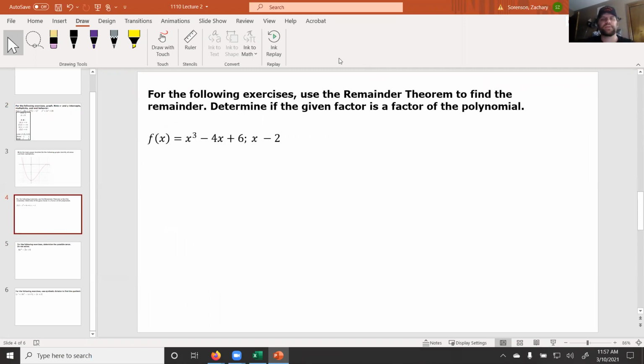Okay, and so the first thing we talk about is the remainder theorem. And in the book, they write out the remainder theorem very formally. It is a very powerful theorem in mathematics. We're not going to really state it very formally. We're just going to talk about how it's used.